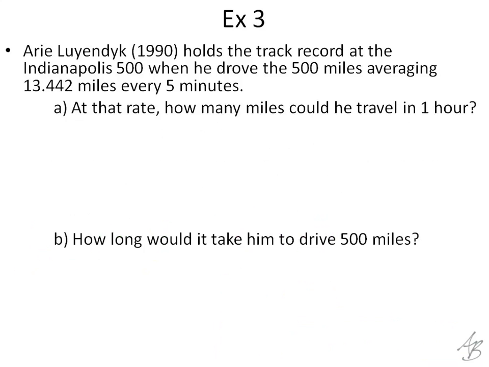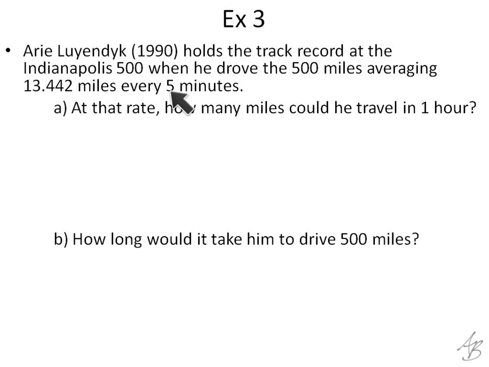All right, now, the last one actually is 2 parts. So you guys have heard of the Indy 500, right? Yeah. It's a race where they drive around a track for hours, just driving in circles. It's really exciting. And so they drive 500 miles on the track. And so the track record is this guy in 1990, R.E. Lewandijk.